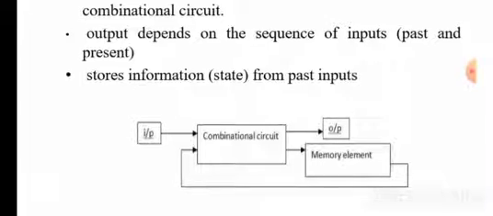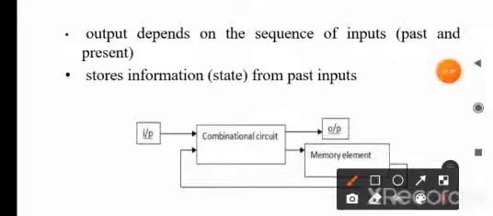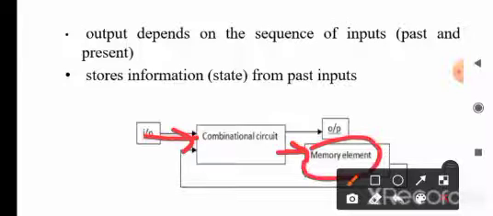Whatever we give as input to the combinational circuits, the output is stored in the memory element. Then depending upon this memory element, we get the output. That we call sequential circuits.